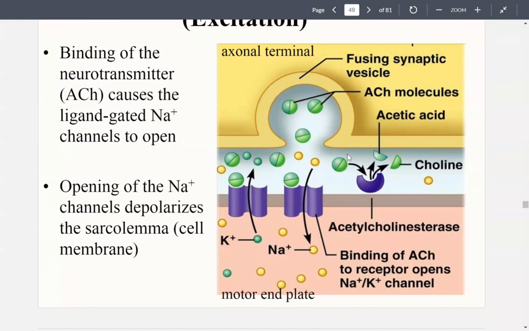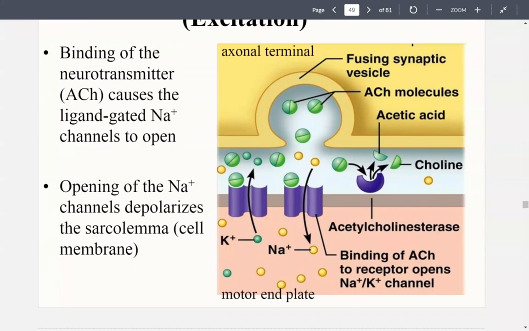This is going to generate an action potential inside of the muscle fiber. Specifically, it's going to create this action potential because the binding of acetylcholine is going to open sodium channels. These sodium channels are going to open, allowing sodium to move into the cell. Potassium is actually going to move out. Sodium is going to move in.